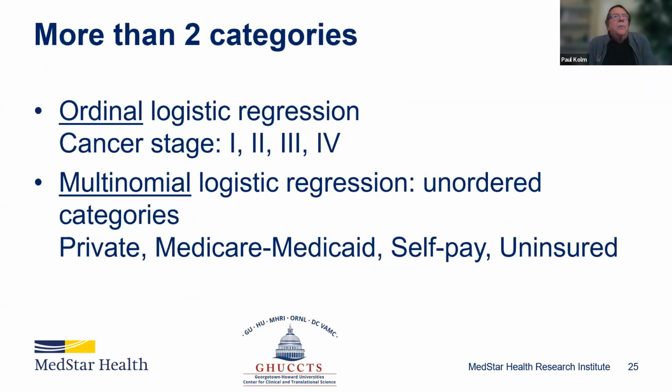Okay, so then we can do logistic regression if we have more than 2 categories. And as I mentioned, these are ordinal logistic regression, where we have ordered categories, or unordered categories, multinomial logistic regression.